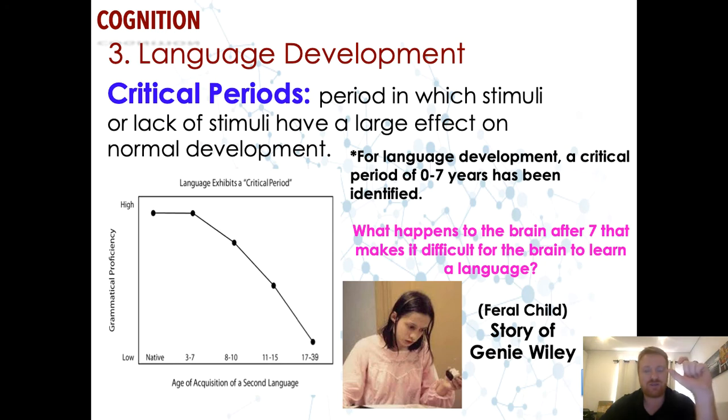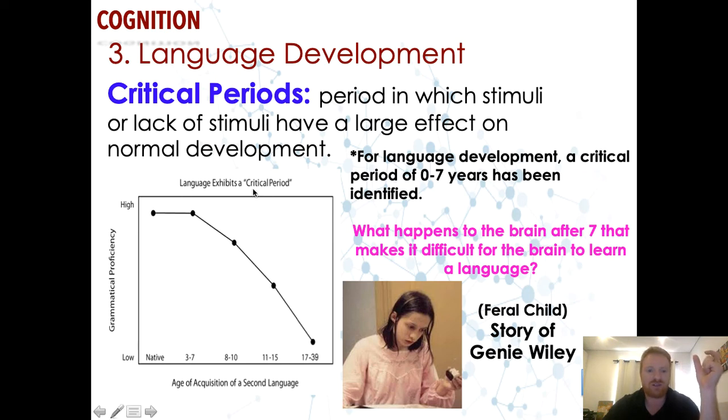And that's that critical period. We've got critical periods for all kinds of stuff as far as socializing and language abilities. But we notice that for language, it seems to be the first 7 years of your life that is the critical period. It's a critical window of time that if you do not get exposed to language, you will not learn language nearly as well as someone who was born exposed to a language.